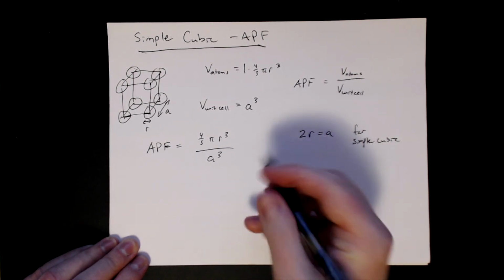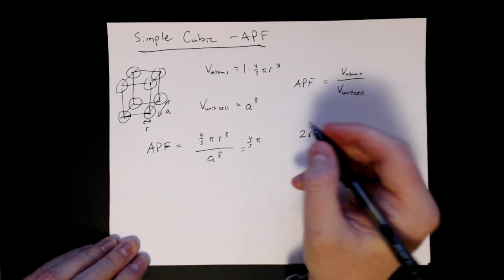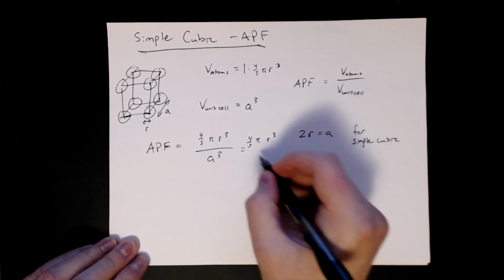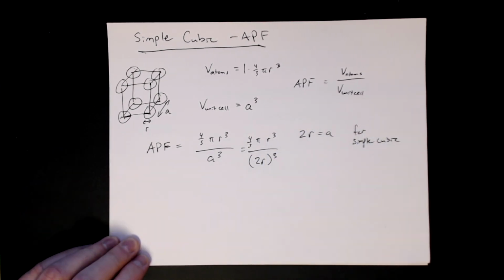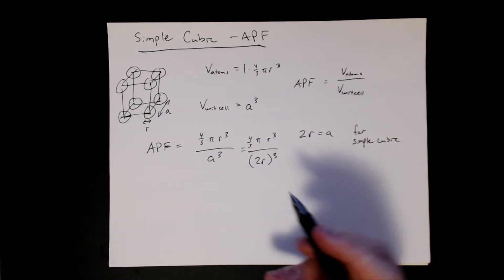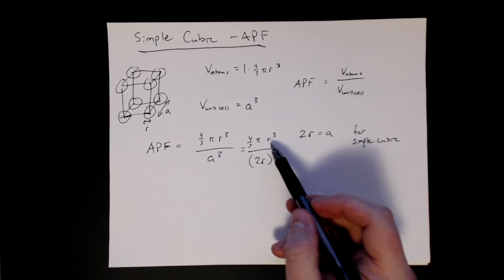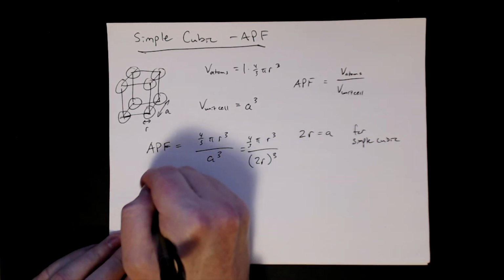Knowing that, we can plug this in. We have 4/3 pi r cubed, and then 2r cubed on the bottom. So we have an r cubed on top and an r cubed on the bottom, and this is going to simplify.